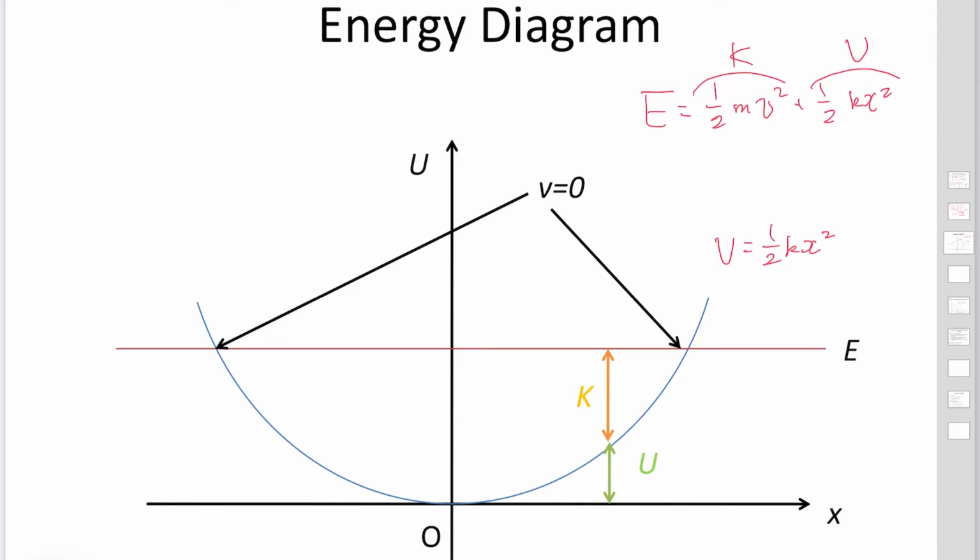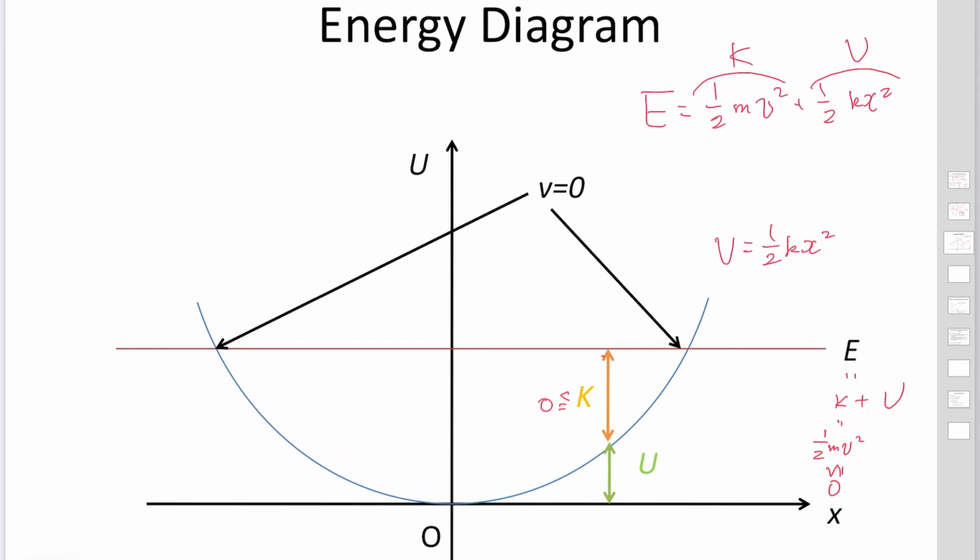When the particle has a total energy E, this is K plus U, and K is 1/2 mv squared. This is always a positive quantity. So K has to be positive or 0. When the velocity becomes 0, it is still possible. But K is always positive or 0.